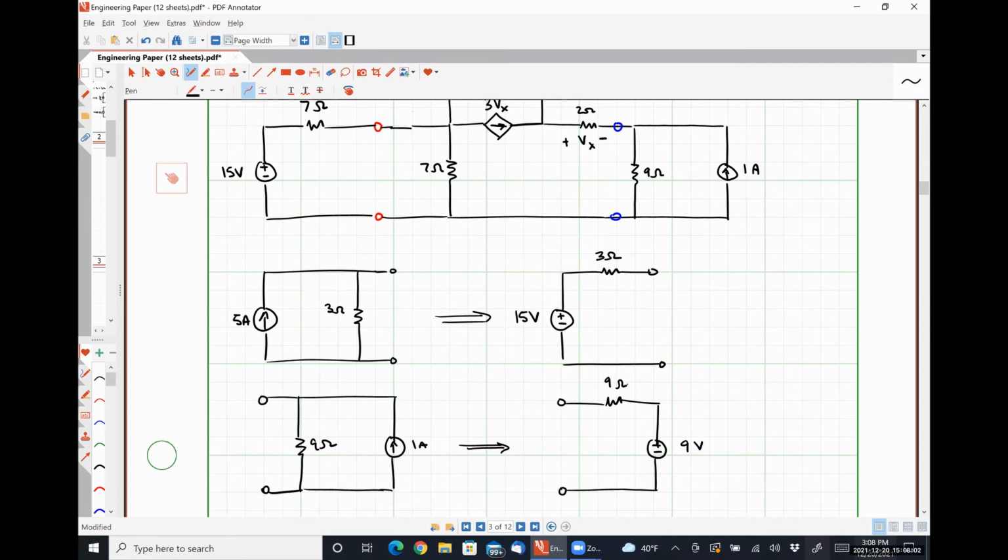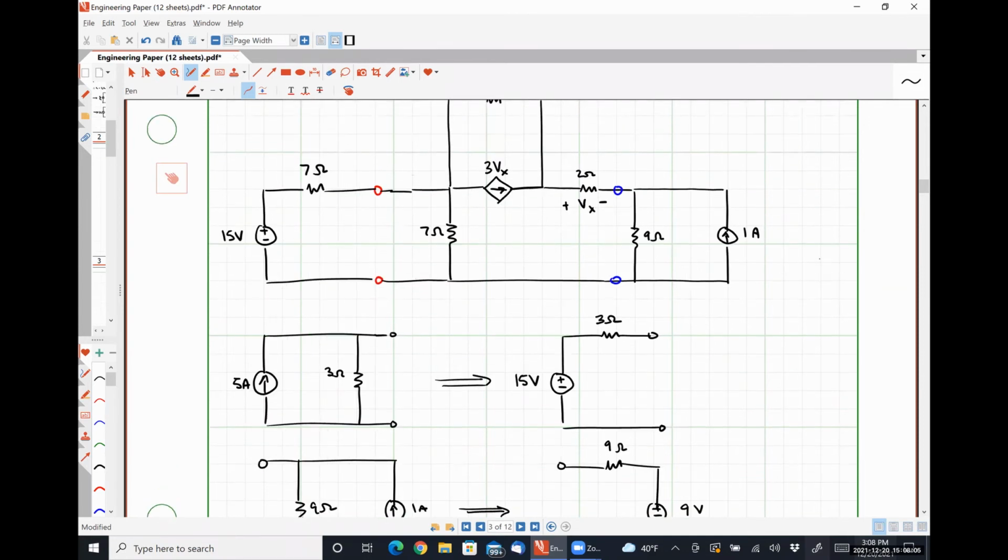So it doesn't particularly matter if I drew this as nine volts in series with a 9 ohm resistor like this, or if I move the 9 ohm resistor down to the right, effectively swapping the position. As long as I get the polarities for the voltage correct, it doesn't matter in the least what order I put it in.